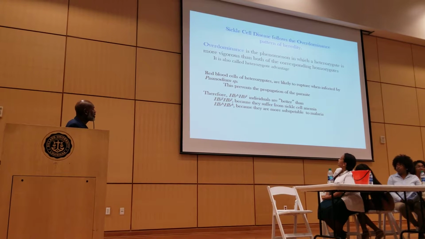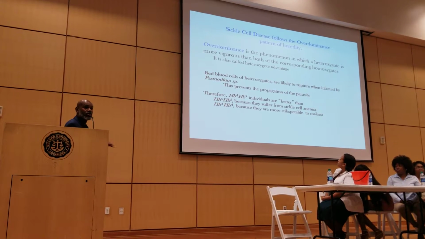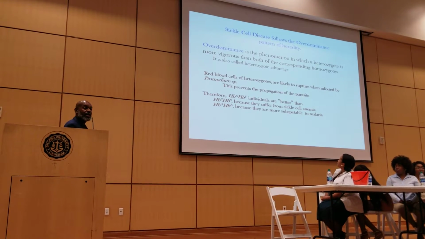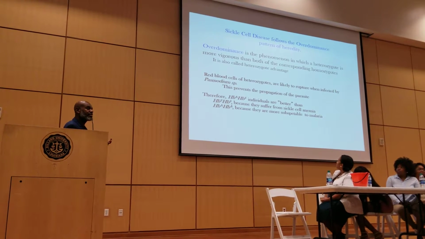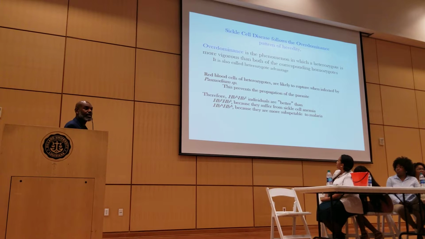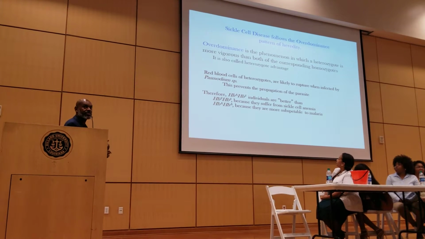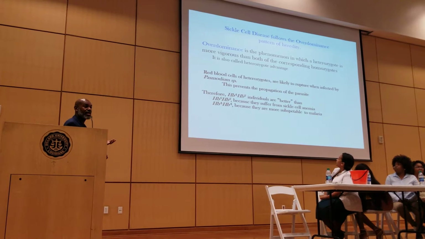Individuals who were HBA had no trace of the disease at all. However, they were susceptible to malaria. They were living in the same areas, the mosquitoes were biting them, injecting the parasite to carry out its life cycle, so those people were dying of malaria.